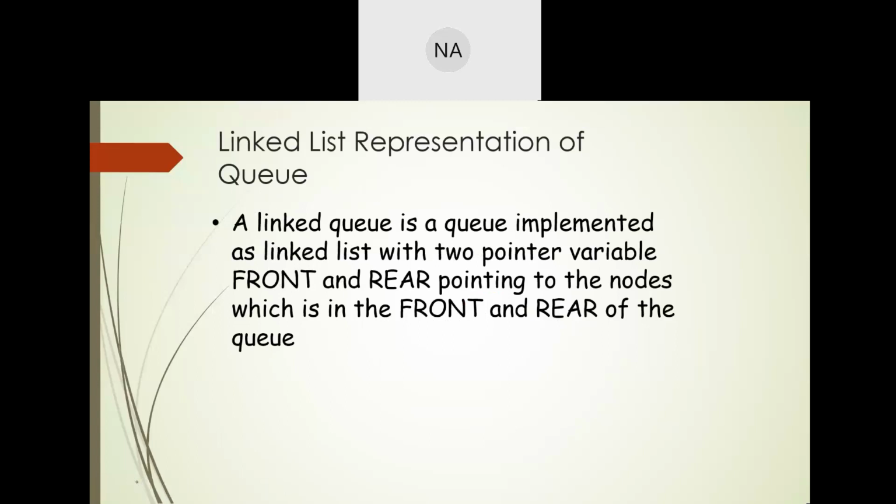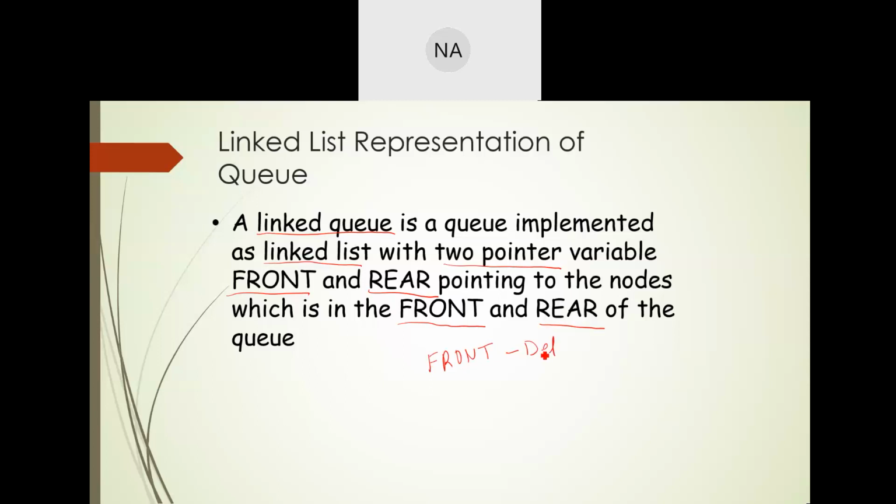So a linked queue is a queue implemented as a linked list with two pointers. First pointer front, second pointer rear. One pointer points to the node which is at the front end of the queue, and the rear pointer points to the rear end of the queue. Remember that items can be deleted only from the front end, right?